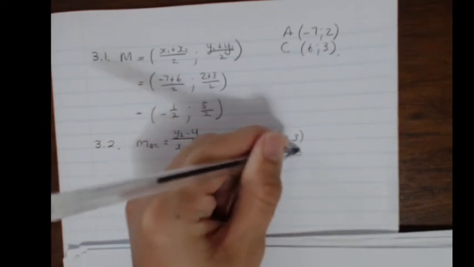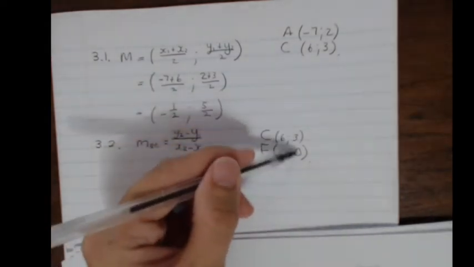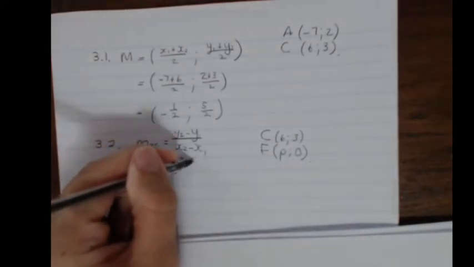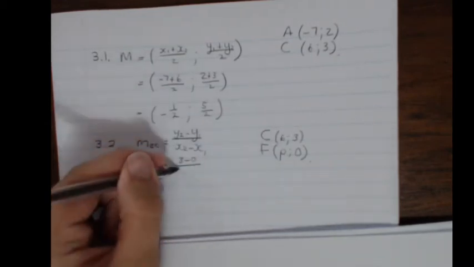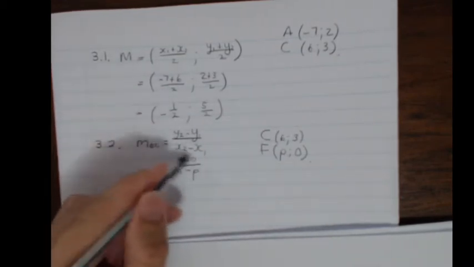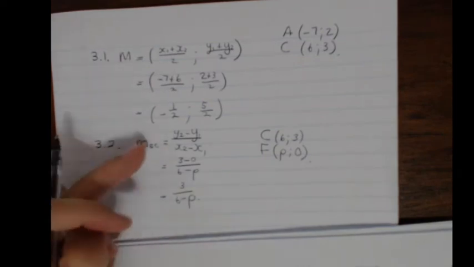The gradient on a straight line is always the same. Doesn't matter where you take the gradient. So the difference in y is 3 minus 0, over the difference in x, which is 6 minus p. And 3 minus 0 I can simplify just to 3 over 6 minus p. Right, so that's the gradient of BC in terms of p.